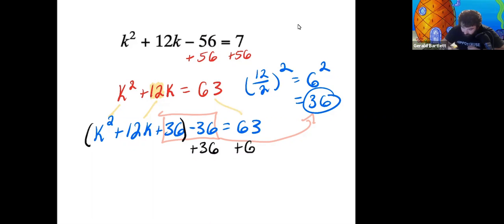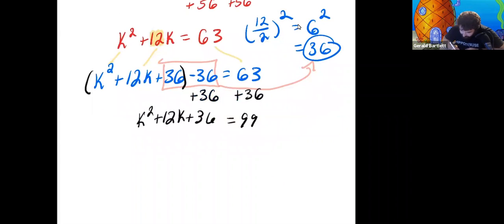So that's going to be plus 36. 63 plus 36 is 99. And I get k squared plus 12k plus 36 equals 99.